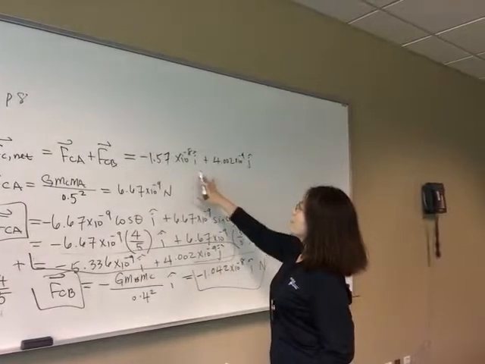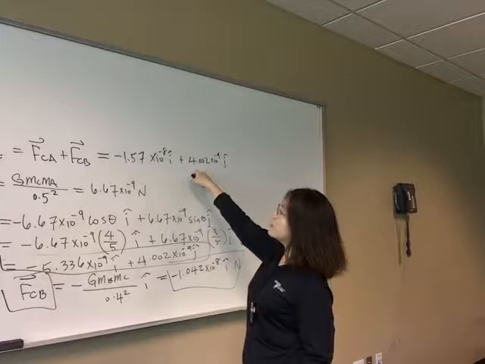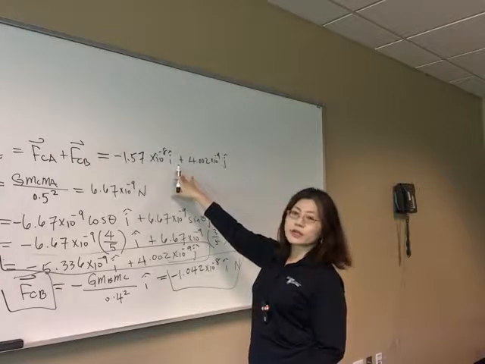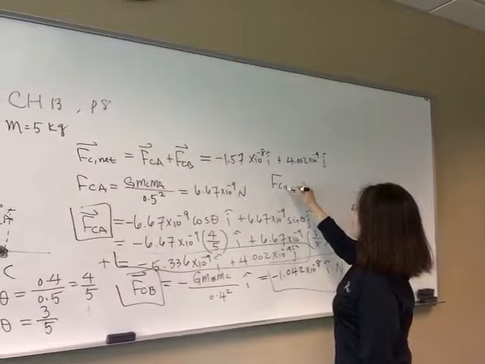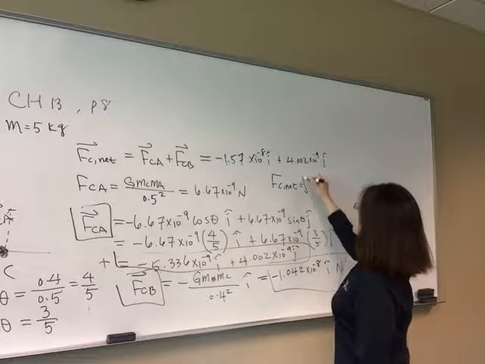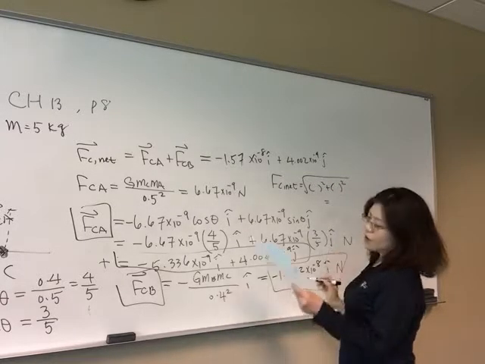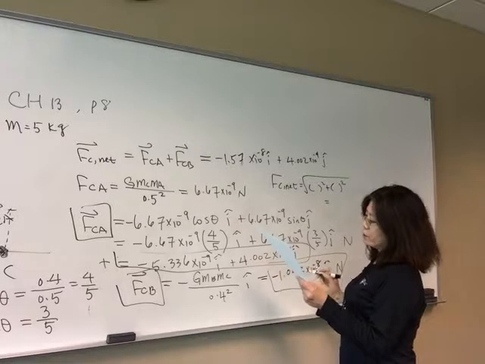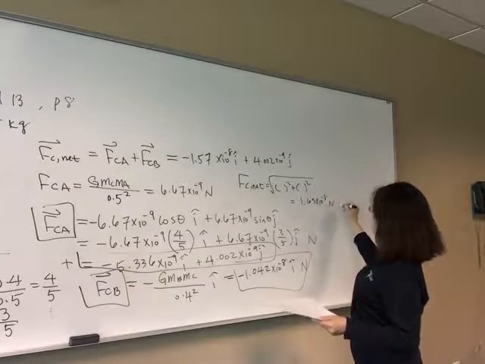Okay, so when you have the force that has x and y components, these are expressed in unit vector notation. You can also find the magnitude, which is just Pythagoras theorem, the x component squared plus the y component squared. So your FC net, you should get 1.63 times 10 to the negative 8th newton.